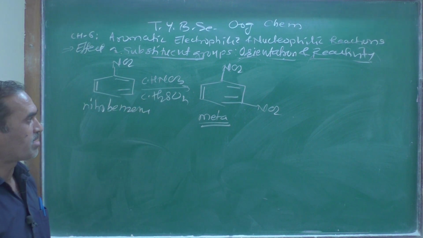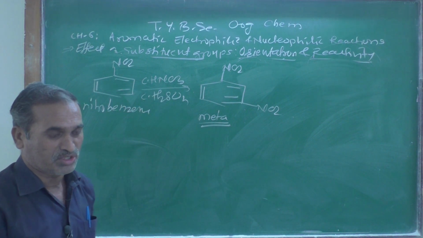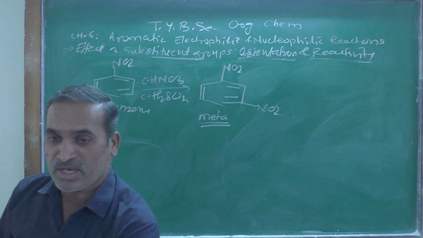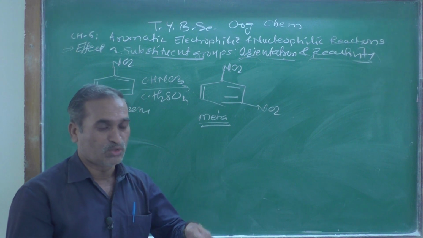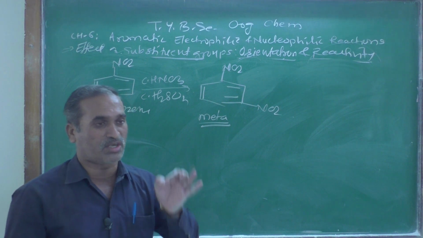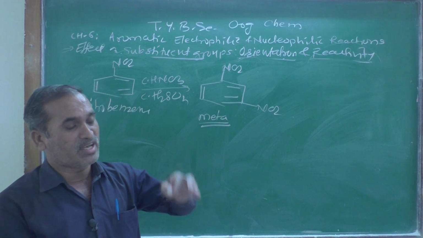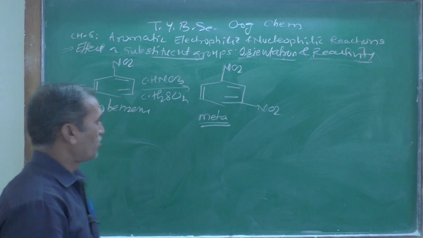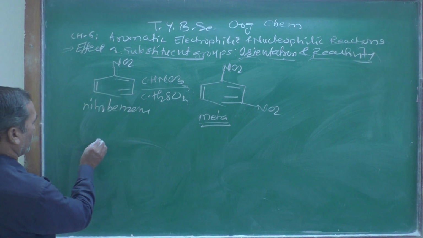Why are we getting the meta product? That is the major question here, and those who know the concept of resonating structures will find the answer. Now look here, the answer is over here.